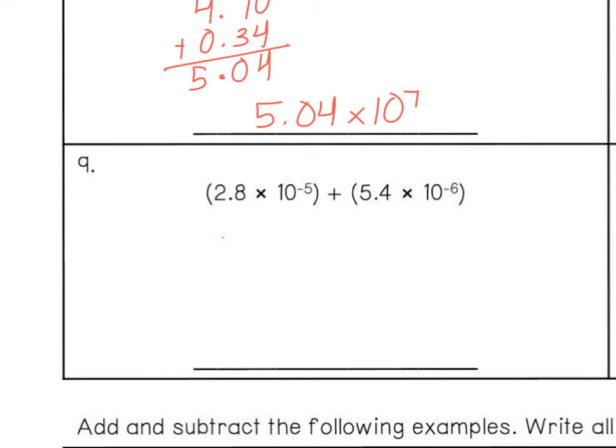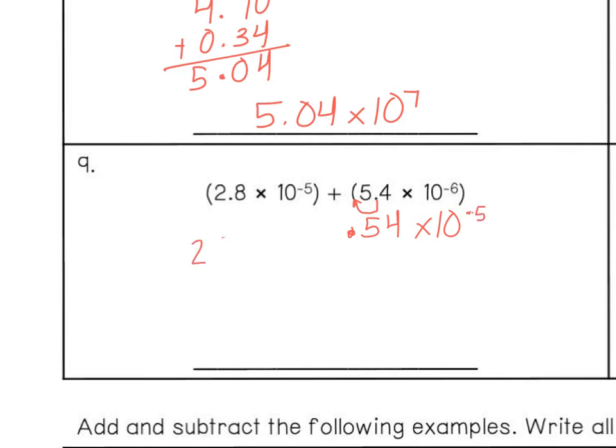I'm going to change my 5.4 and make it 0.54, and since I'm taking a decimal and moving it to the left, it's going to be negative 5.